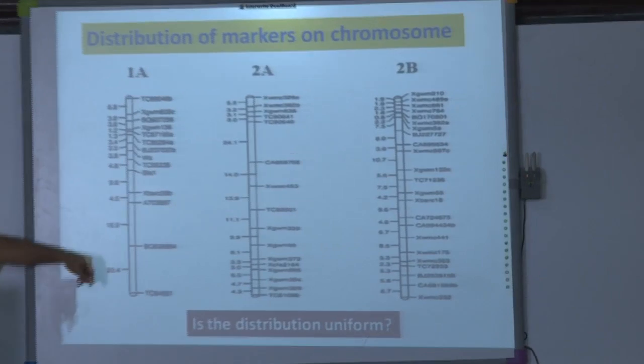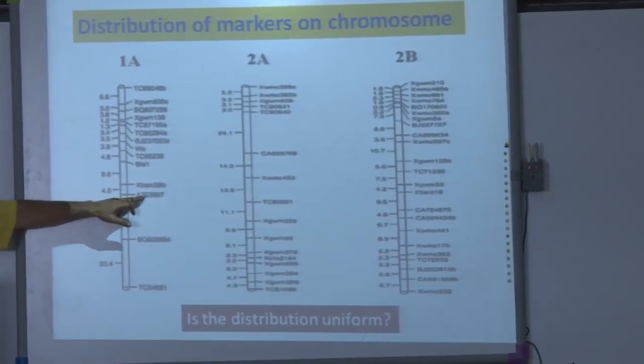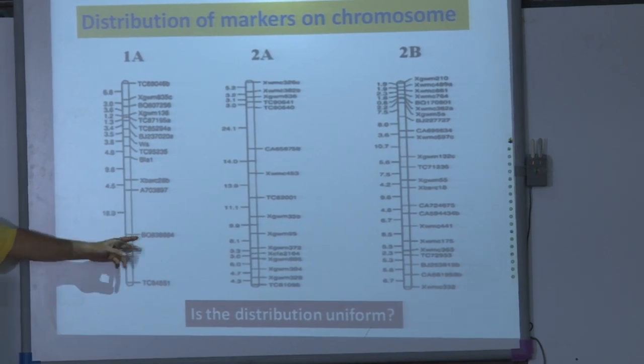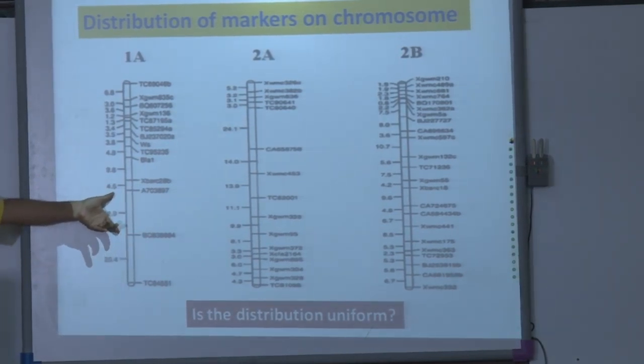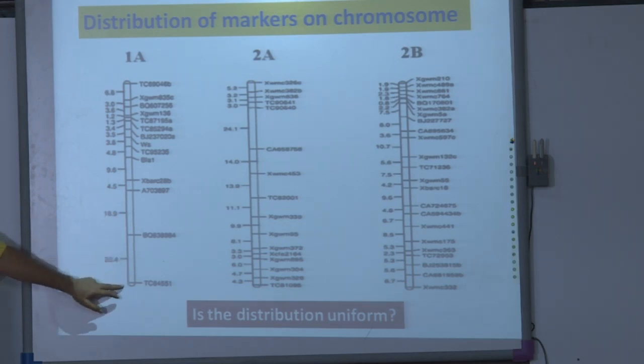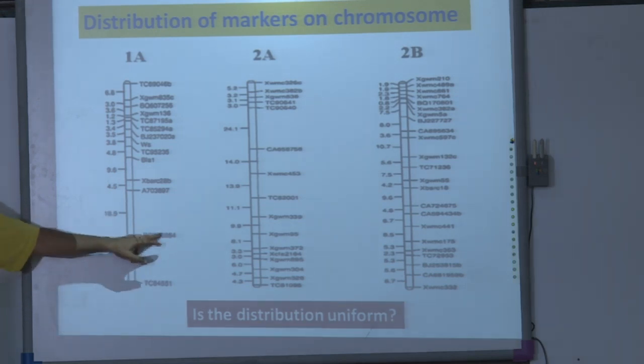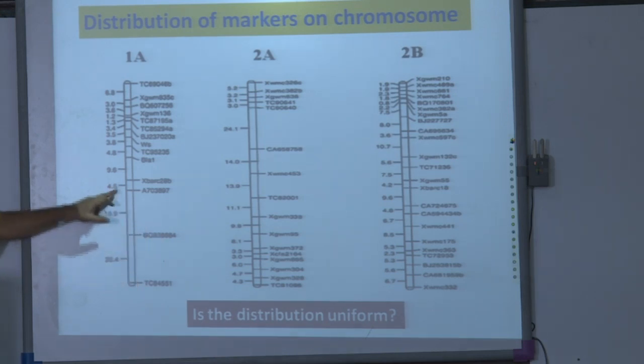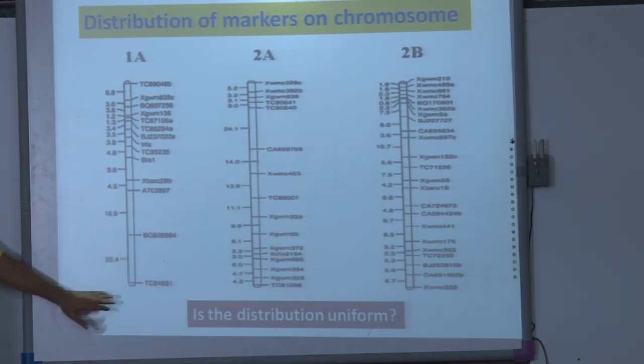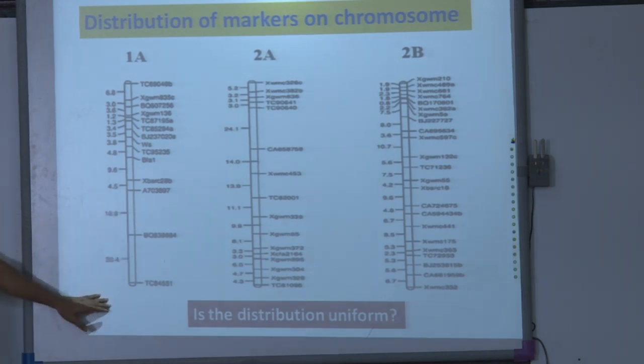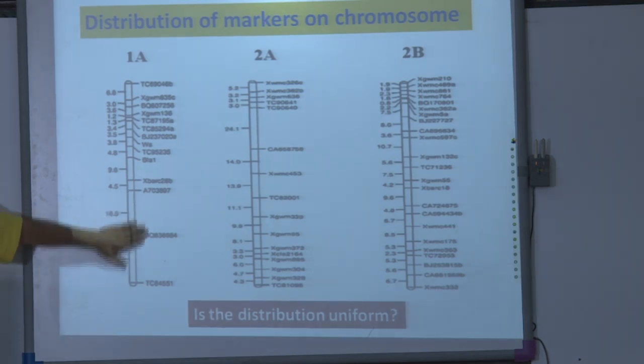Now in this one, you see from this marker 703897 to this marker there is a huge gap of 18.9 centimorgan. Now if this marker is monomorphic, it means from this part to this part, the whole part is markerless.